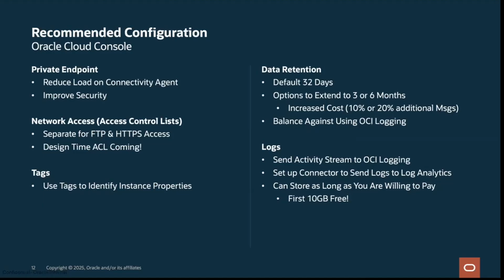And we will soon be releasing the ability to have the design time access control list separate from the runtime access control list, so that only your developers can have access to the design time, but your partners can have access to the runtime. We recommend that you use tags to help identify instances.